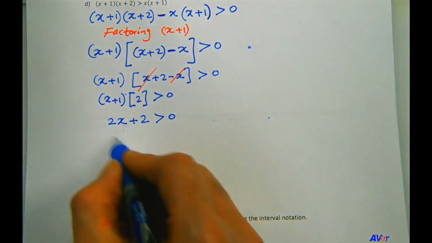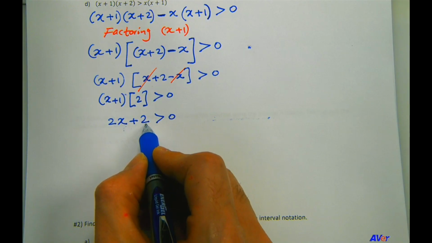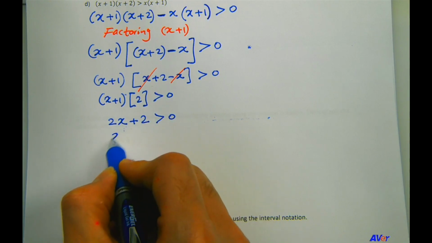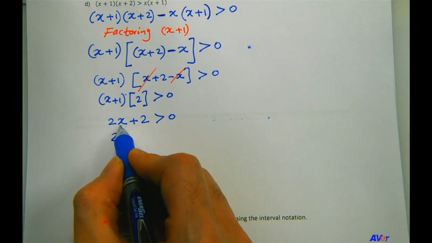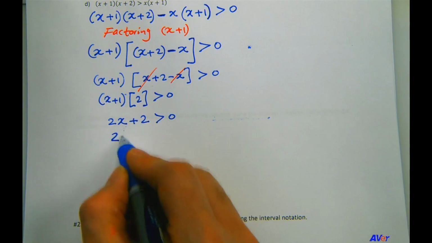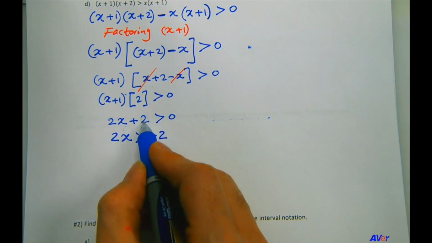We know how to do that. We have a variable term and a constant term on one side. We can't have that. We have to have the constant on the opposite side, right? Because the goal of solving for x is always isolating x. So 2x greater than negative 2, right? 2 was positive on the left.